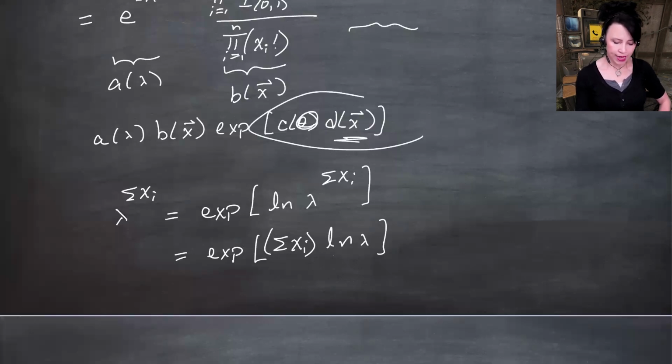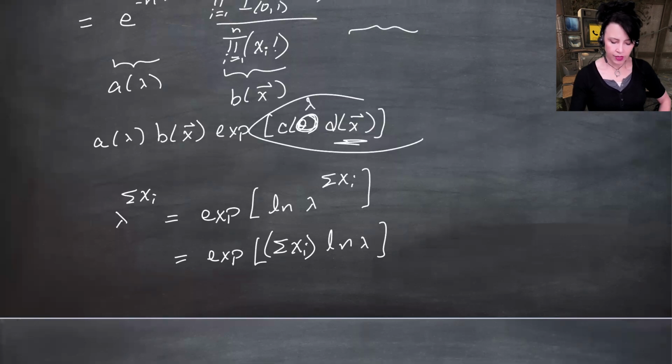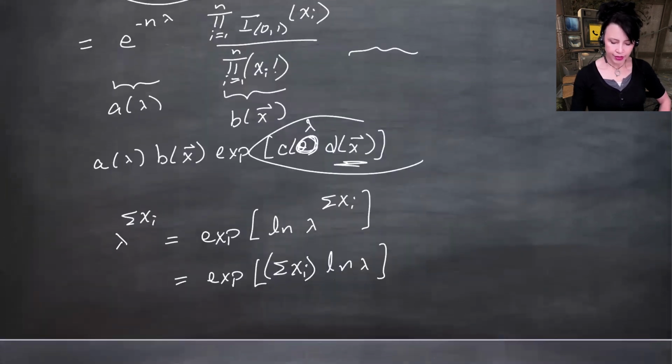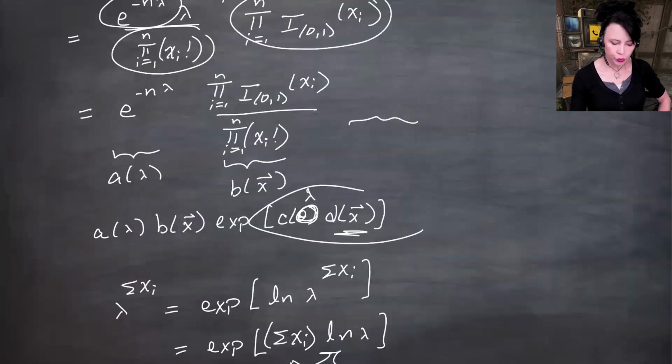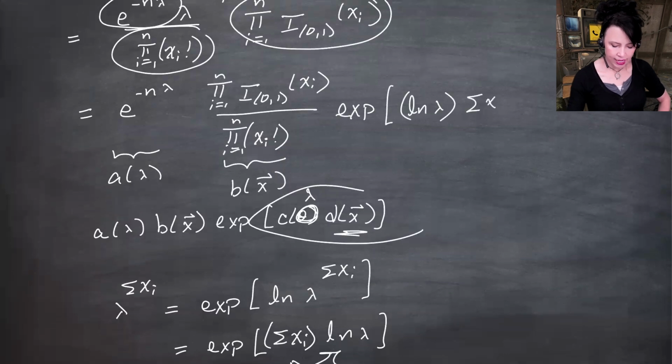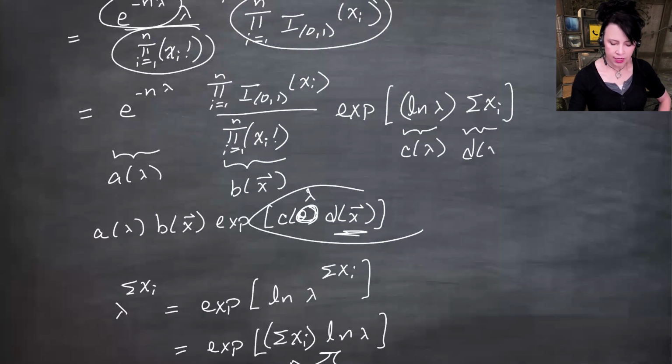Oh, this should be a lambda. But I am going to reorder these things in this product just so it looks super nice. We get e to the log of lambda, and then the sum of the xi, and this is going to be our c of lambda, our d of x.